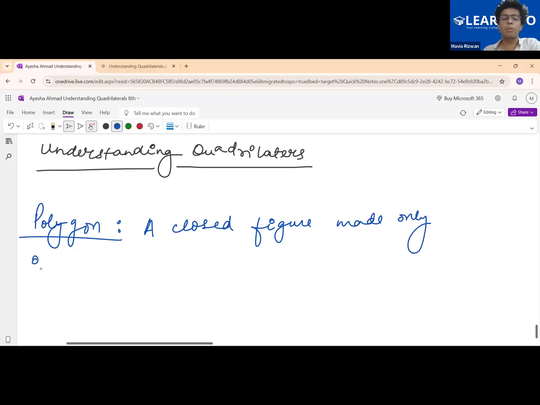This is very important. First of all, it has to be closed. Second, it should only be made of line segments. Okay, I'll give you examples.